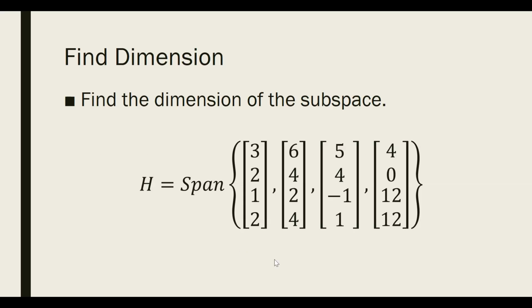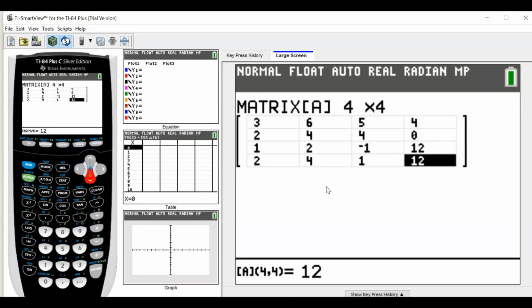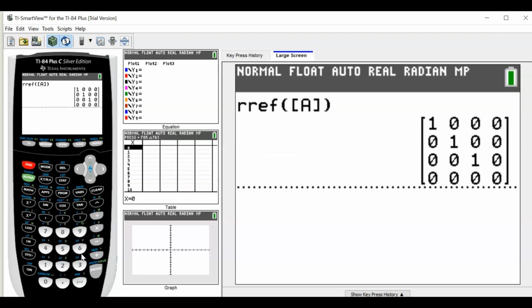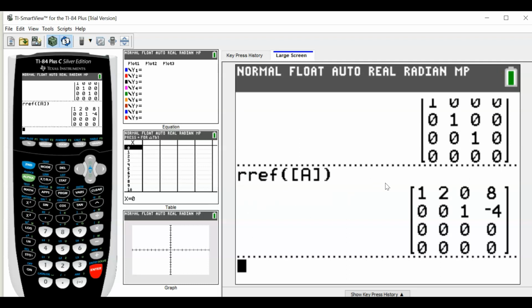All right, so what I did is I plugged in this 4x4 matrix, then did a row reduction on my matrix A. And what I have here is that columns number 1 and 3 are pivot columns. Therefore, I have 2 pivot columns, and the other 2 columns represent free variables.